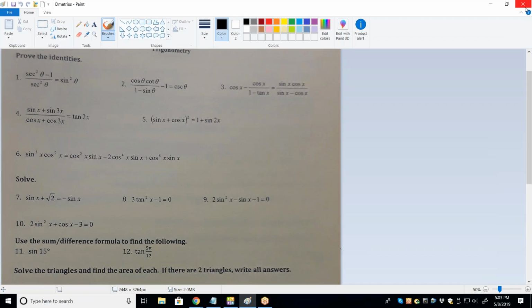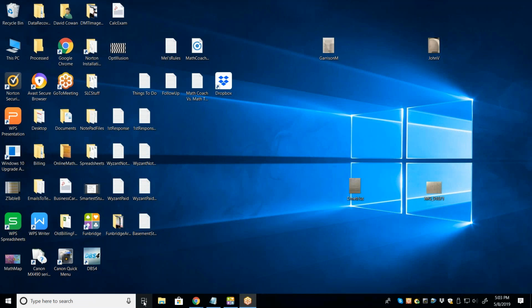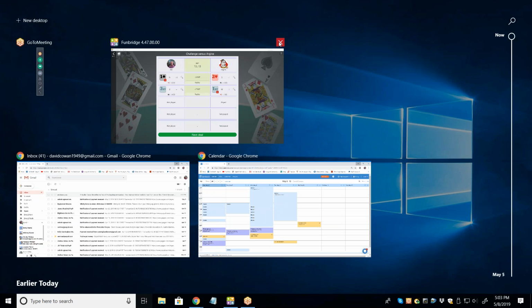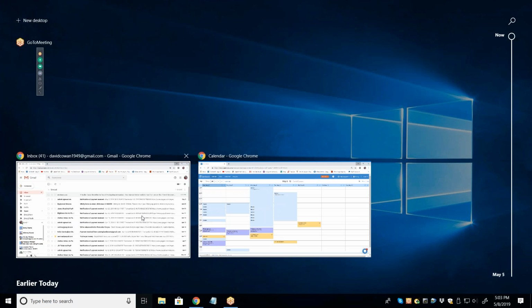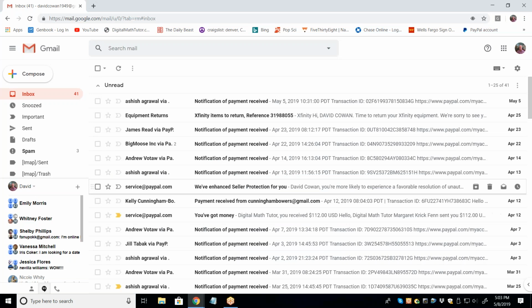Tell me when it says file sent on your end. I believe it's sent. Oh wait, no, sorry, it's still sending.